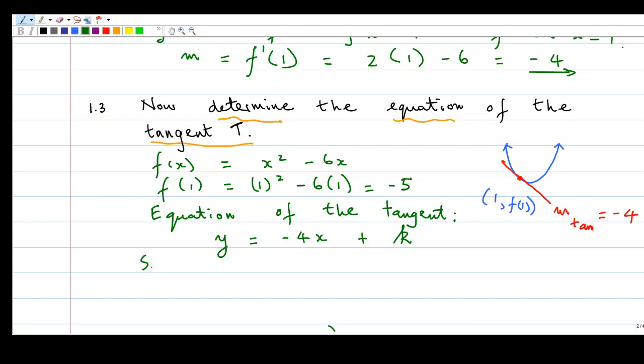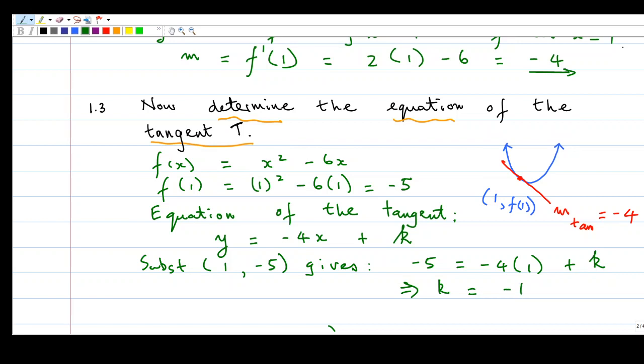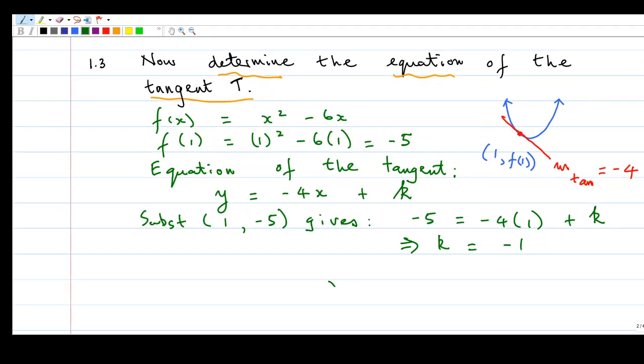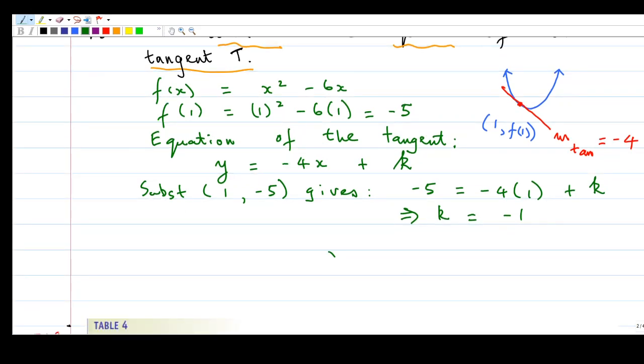So substituting the point 1, negative 5 gives, right, here y is negative 5. So y coordinate is equal to negative 4 multiplied by 1 plus k, which implies now that k is equal to negative 1. Right?